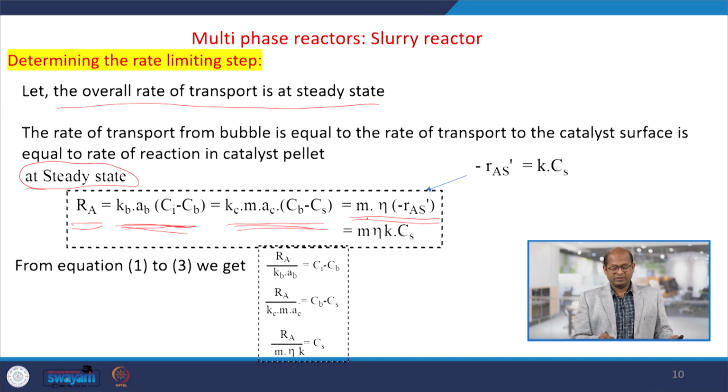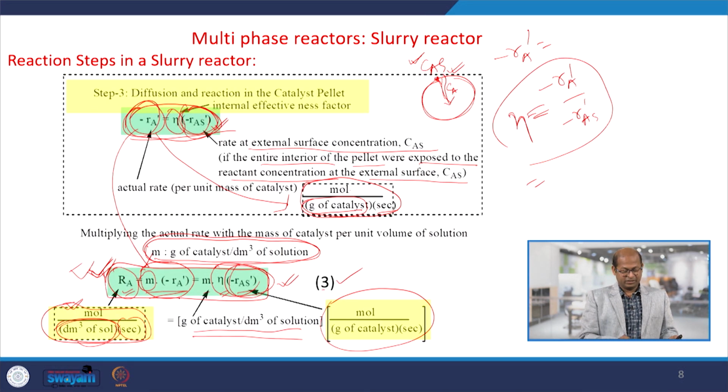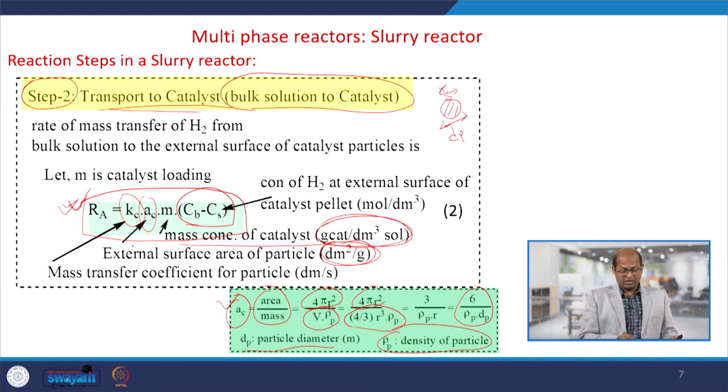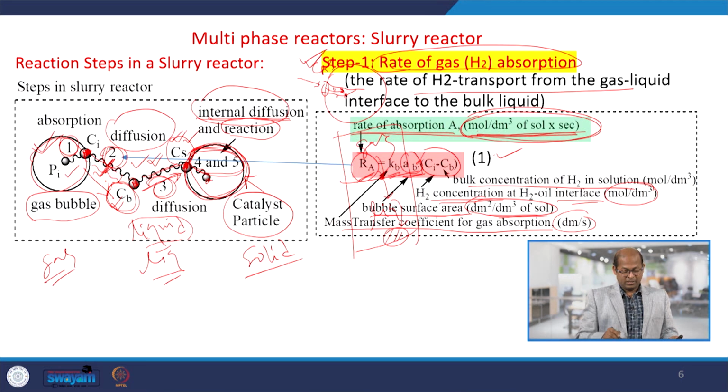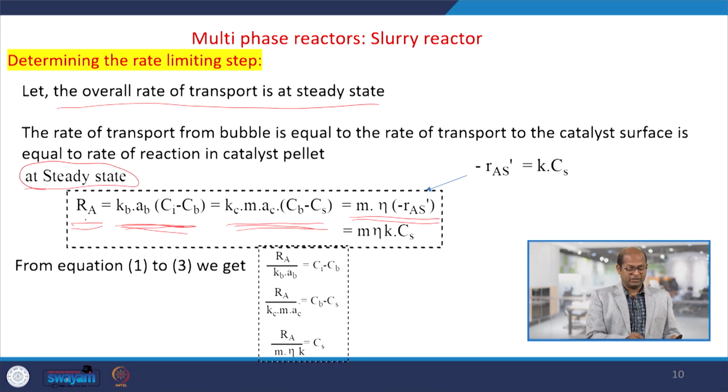So equation 6 is substituted in equation 3, and equations 1, 2 and 3 are there. At steady state, this rate equals this equals this, meaning all the rates are equal.